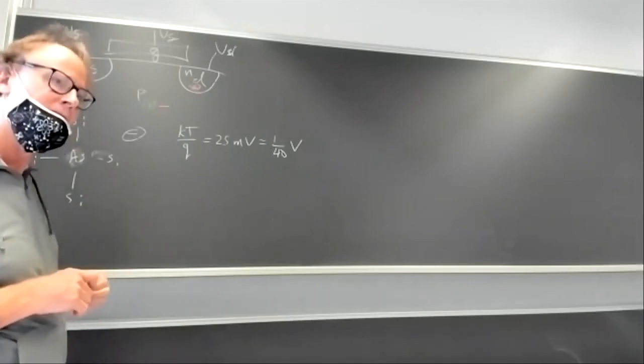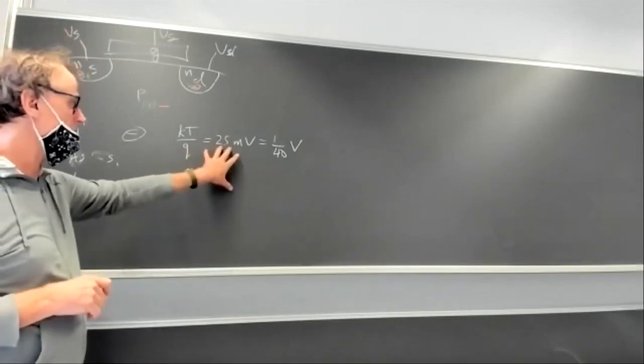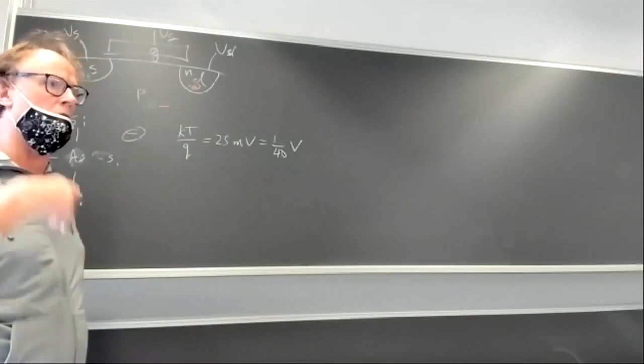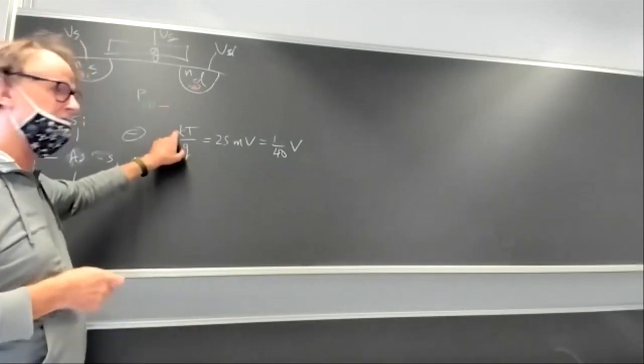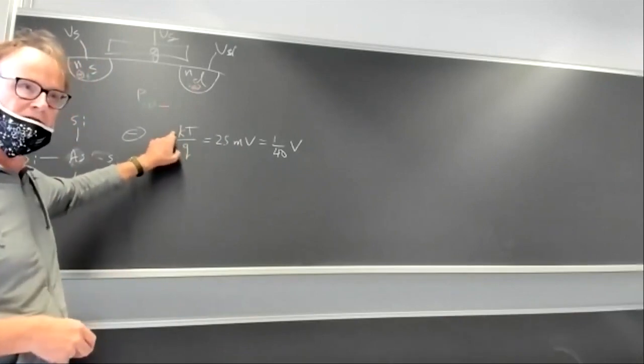Those 25 millivolts are the voltage between what and what? It's a voltage that corresponds to how much voltage the electron would have to fall through to pick up one thermal energy, kT. Every degree of freedom of some system at thermal equilibrium has kT of energy.